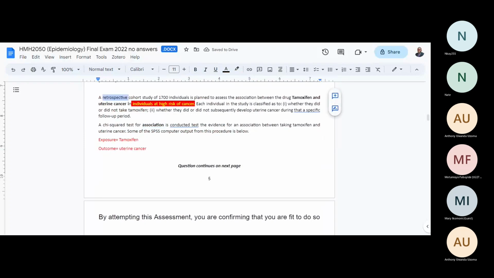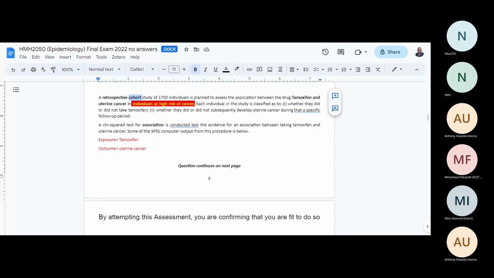A retrospective cohort study. So what test of association do you use for a cohort study? Which one is preferable, is it odds ratio or relative risk?